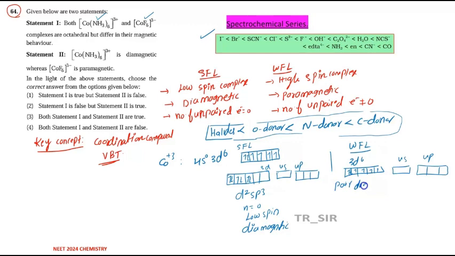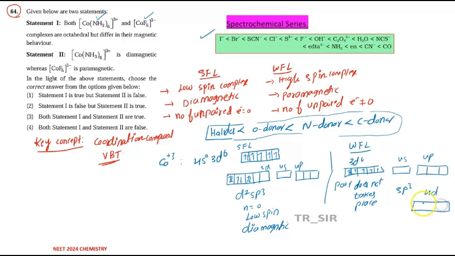That means we have to use the 4d, the outer d orbitals, in this case.